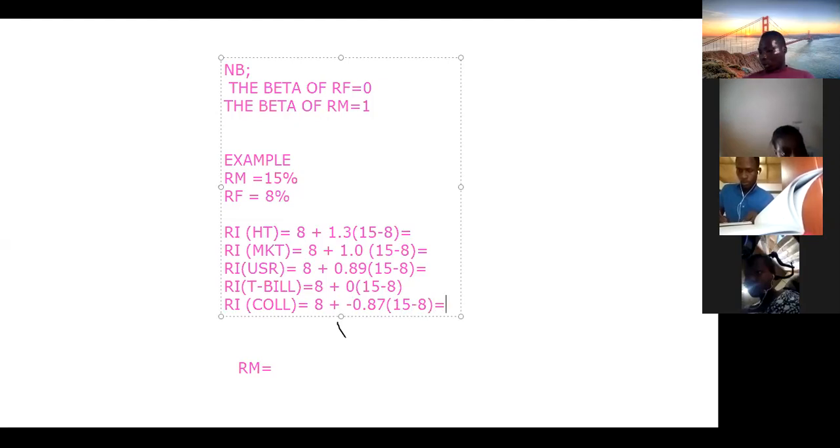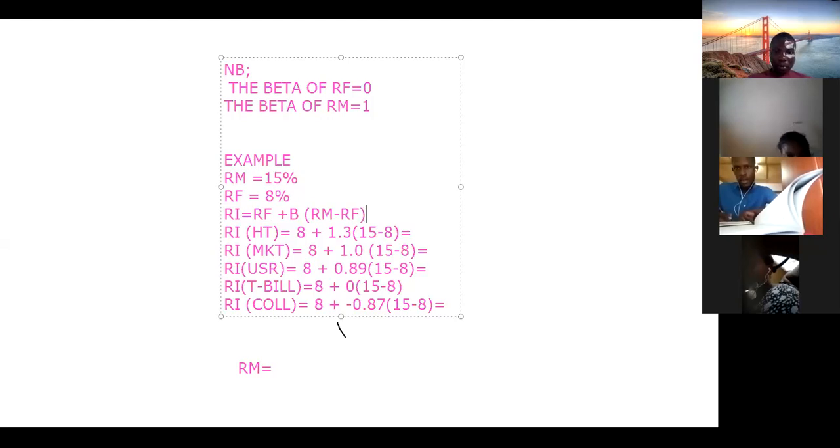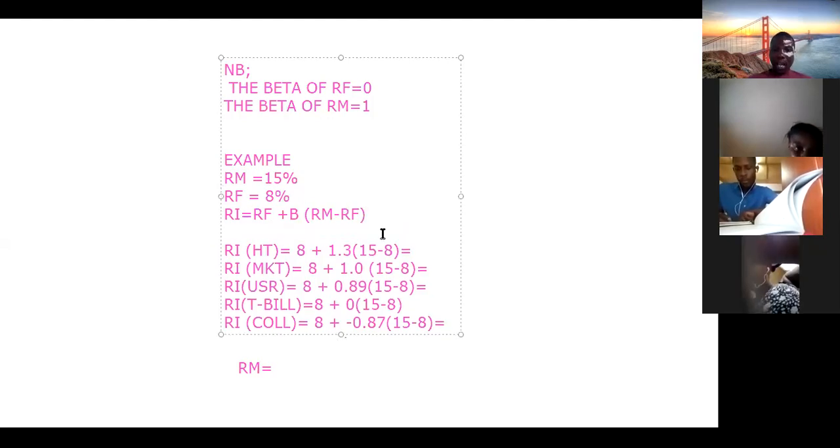equal to. So this is how you are going to solve for those illustrations. So you should know that RI is equal to RF plus beta, RM minus RF. So you should know them by heart.